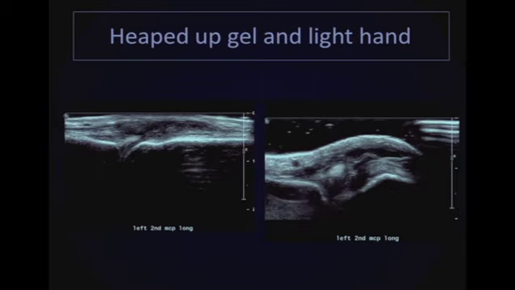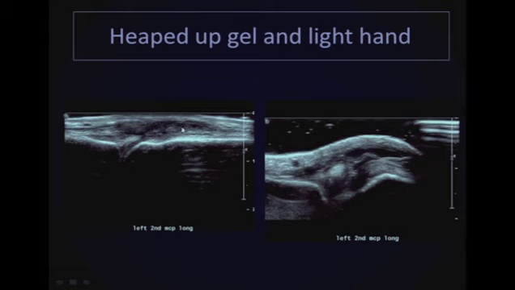Now, because the structures we are looking at are superficial, many times it's important to use copious gel in order to bring that structure into better view, but also as to not obliterate the structure. So for example, here we are looking at the dorsum of the left second or index finger at the level of the metacarpophalangeal joint.